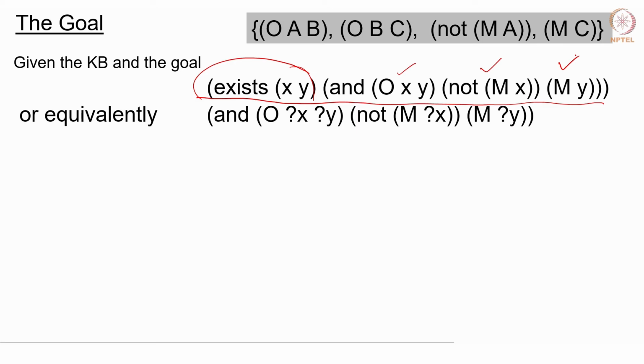In implicit quantifier form, you will not have this, but because it is an existential query, they would come with a question mark. Remember that in queries, a question mark denotes an existential variable. Does there exist an x? Does there exist a y?